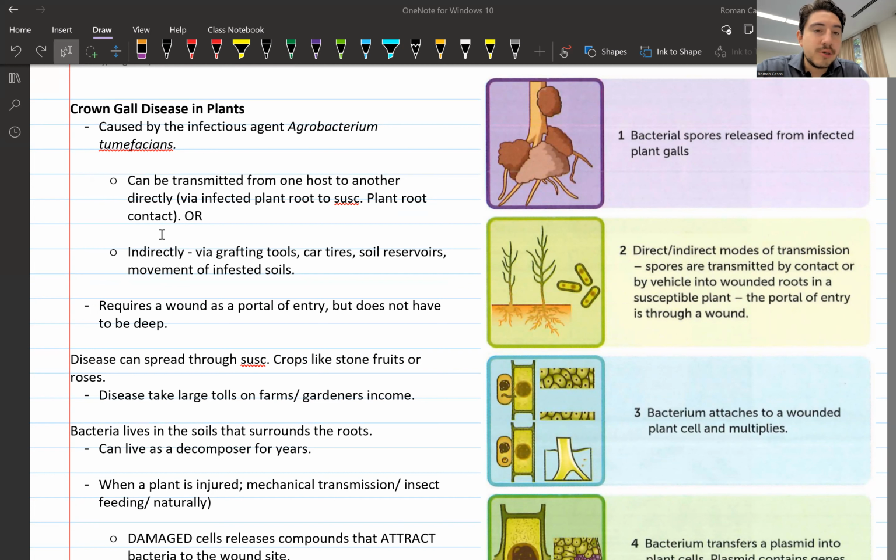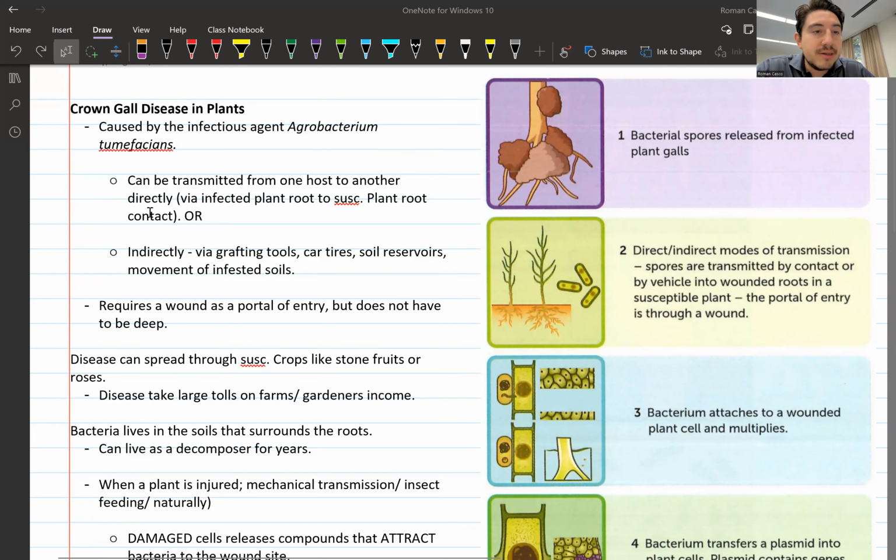Some characteristics about this is that it could be transmitted from one host to another directly. So you can have an infected plant root that has this bacteria. If the root that's infected touches another plant that is not infected, then of course that one gets infected. You'll have the spread of disease in that way.